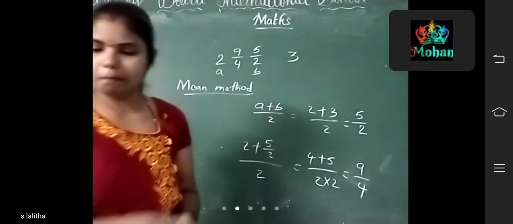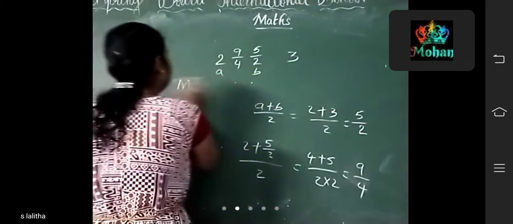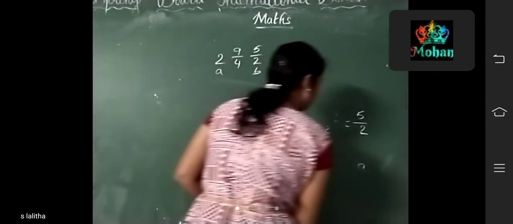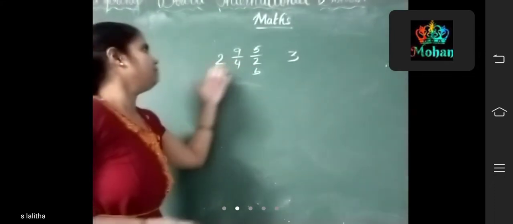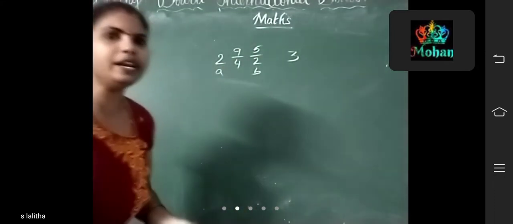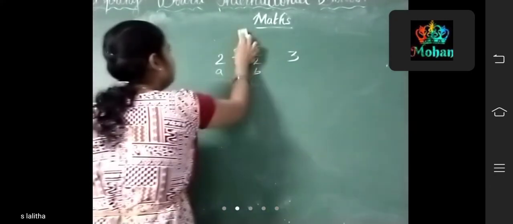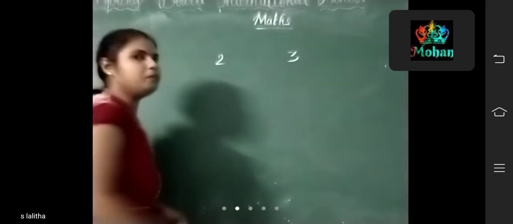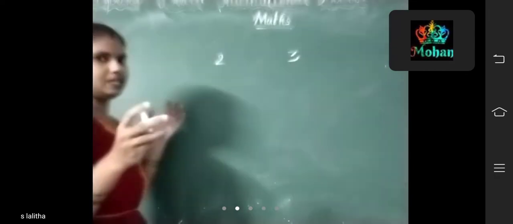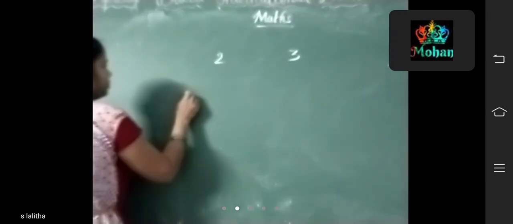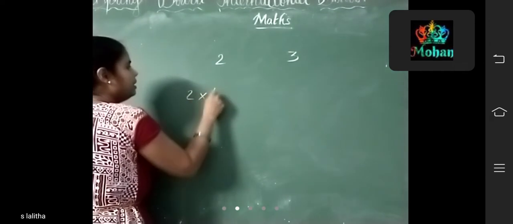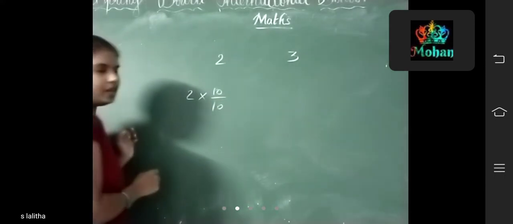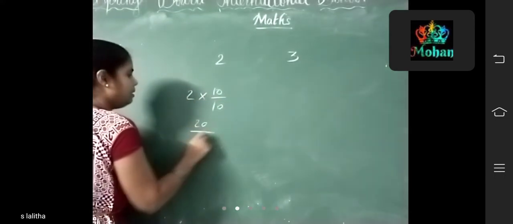Another method is there. What is the other method? Find 10 rational numbers between these two numbers. How to find 10 rational numbers? Can you do the mean method? If you use the mean method, it will be so much process. So how can you do it? You should multiply with 10 by 10. 2 tens are 20 by 10.